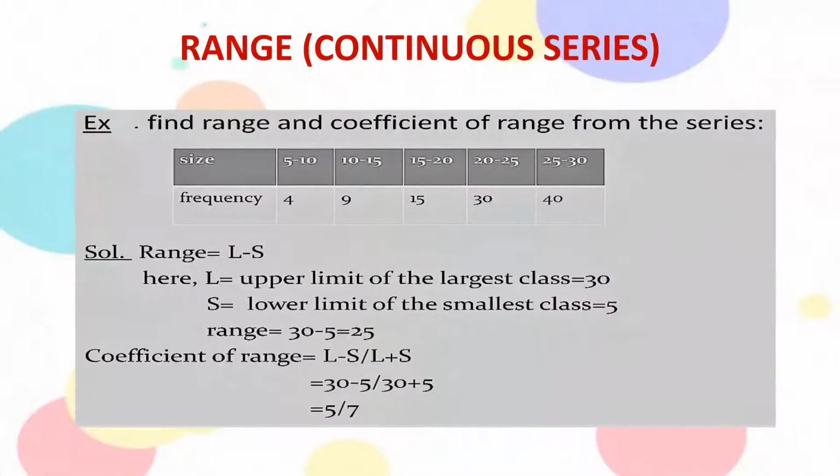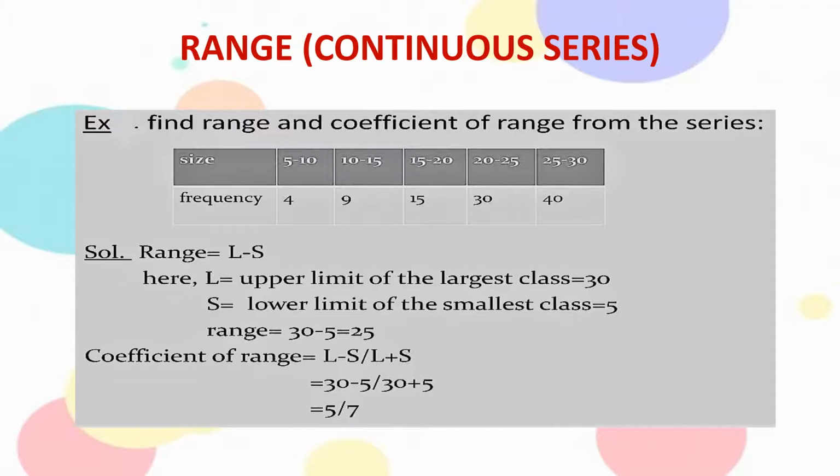Now let us see how to calculate these values in continuous series. Here is the continuous series data given to you, and I wanted to add one thing, that is what inclusive series and exclusive series are in the case of continuous series. Here you can observe the class intervals are 5 to 10, 10 to 15, 15 to 20 and so on.